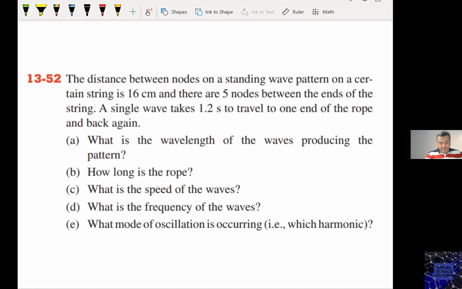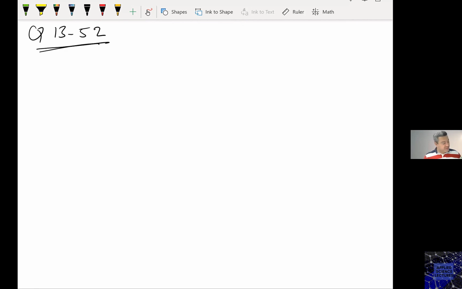Question 1352. The question reads the following. The distance between nodes on a standing wave pattern on a certain string is 16 centimeters. So the distance between the nodes in a string that is bound from both sides is 16 centimeters, which basically means for the case of the string, I have lambda over 2 equals 16 centimeters.